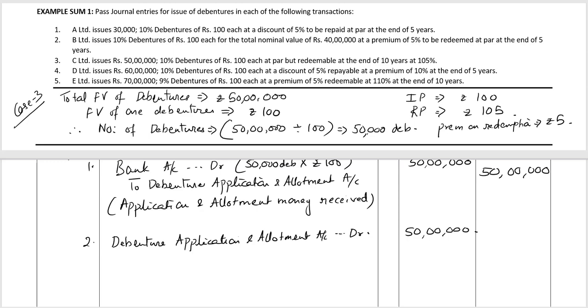So we need to provide for the loss as per prudence concept of accounting. So loss on the issue of debentures account debit. The amount of loss is 50,000 debentures multiplied by rupees 5 premium per debenture comes up to 2,50,000 rupees.